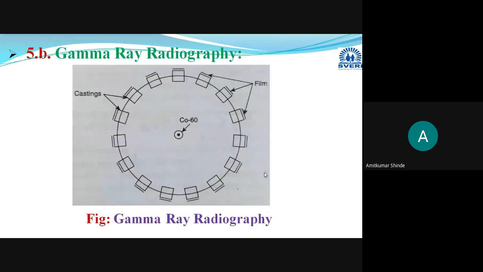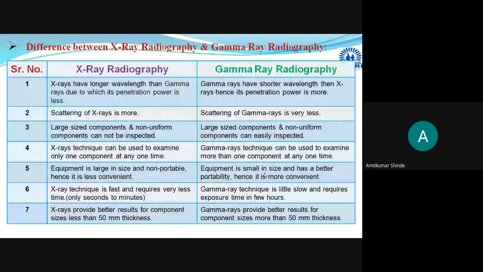Then I will move towards today's lecture's last point, that is the comparison between X-ray radiography and gamma ray radiography. A few points I have collected. Lots of times they ask these comparison questions for 4 or 5 marks. Minimum you have to write 5 points.